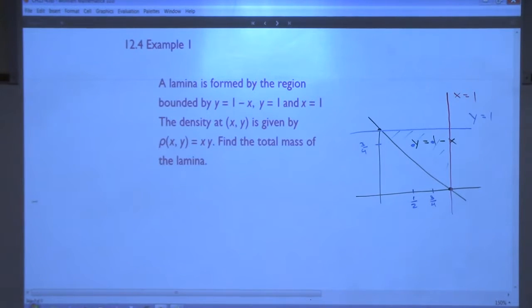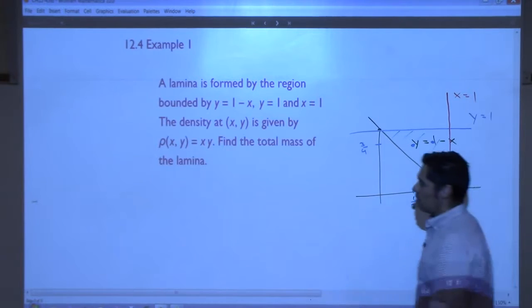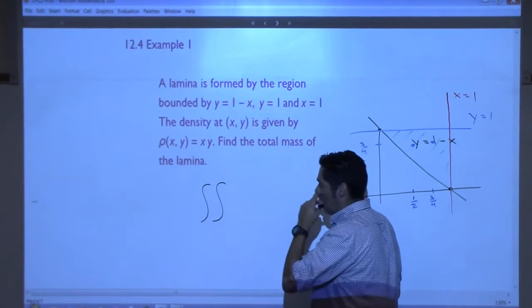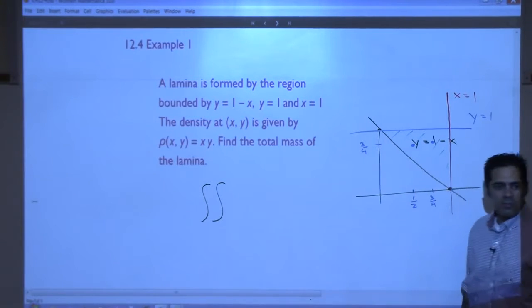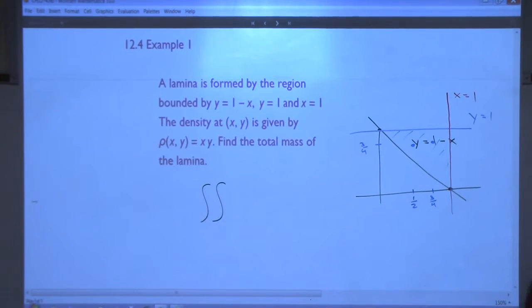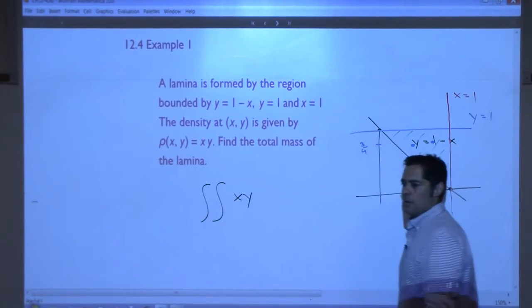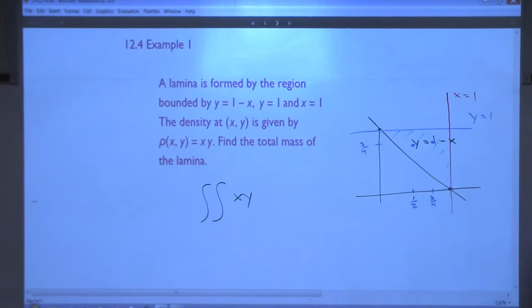How do you want to do this? Type 1? Type 1 region? Okay, I agree. What are we integrating? What's our function? X y. Since it's type 1, my x's are bounded between two constants. What are they? 0 to 1, right?